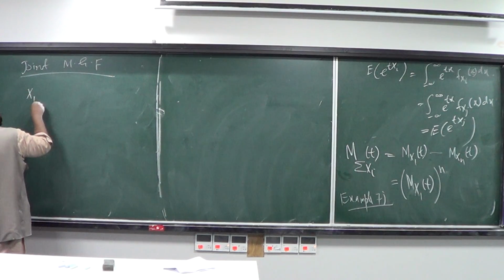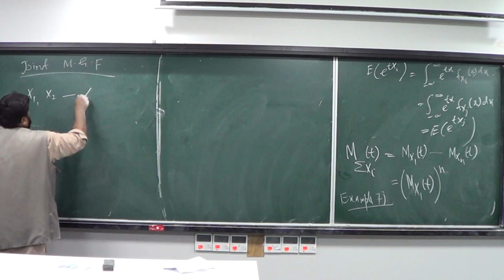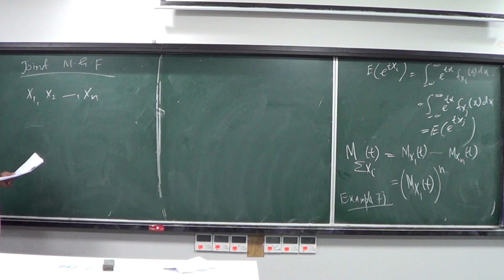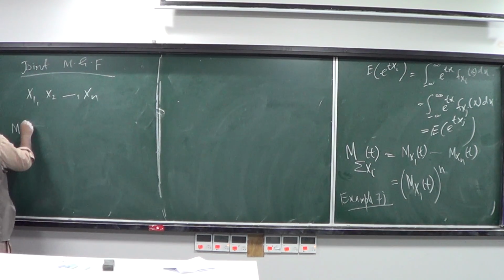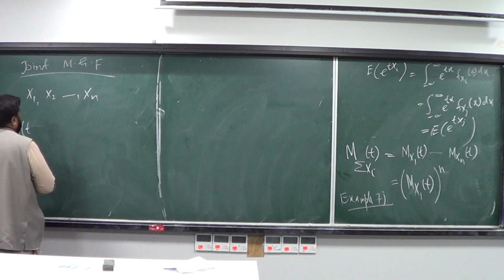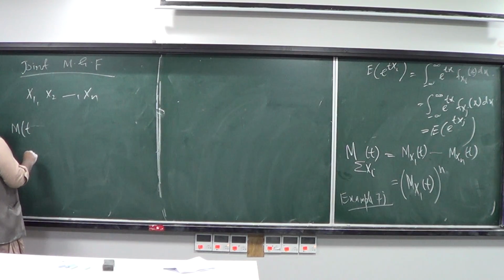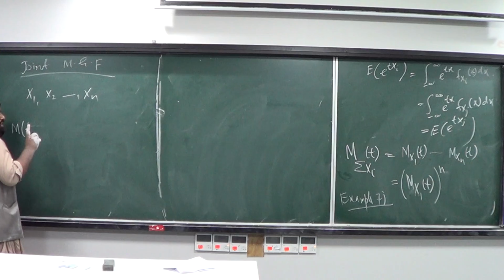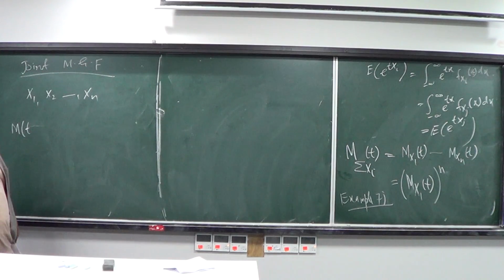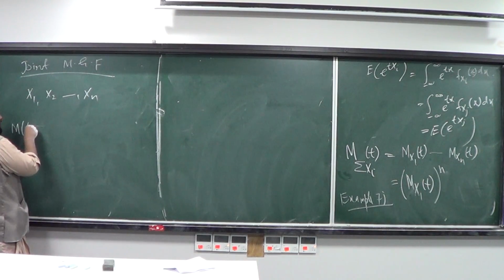Imagine x1, x2 up to xn are some random variables, not necessarily independent. Then the moment generating function of the joint is going to be a function that does not depend on one quantity t, but on n quantities.